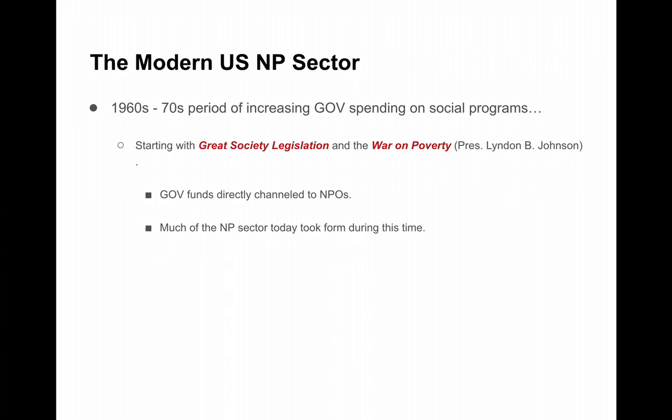And if you look closely at the relationship, you possibly will find that some of the nonprofits would not exist without the government spending, right? So later on, you'll also learn that government funding constitutes a major revenue source for nonprofit organizations in the United States, right? So much of the nonprofit sector today took shape during this time.